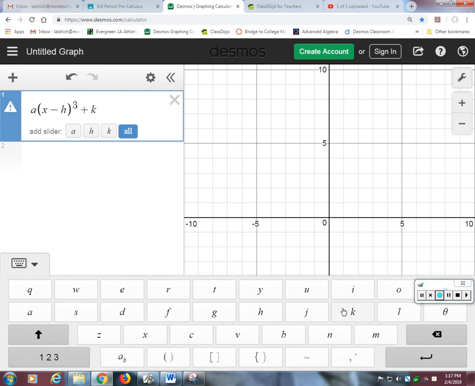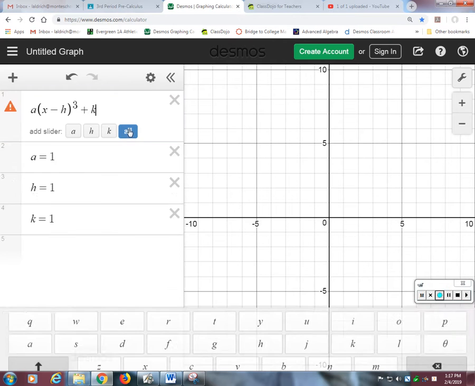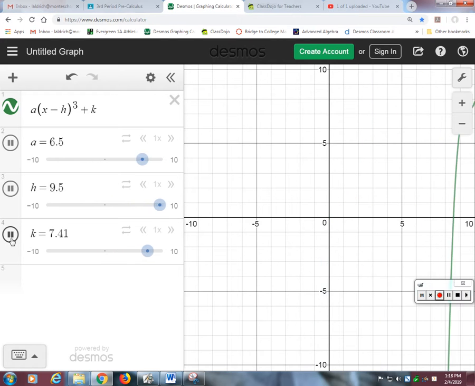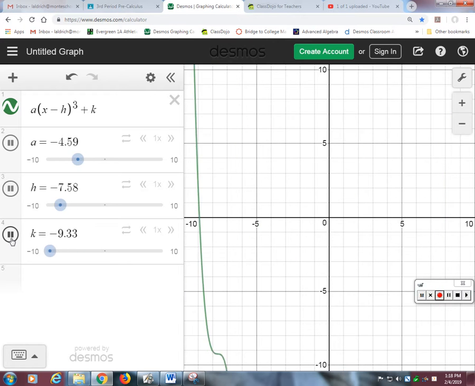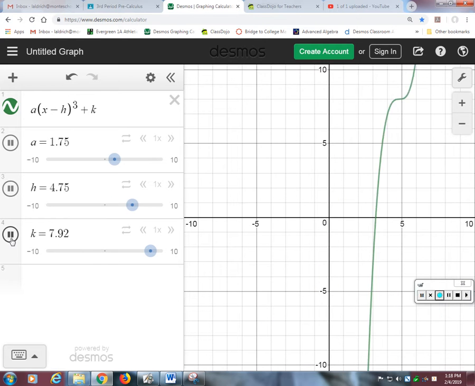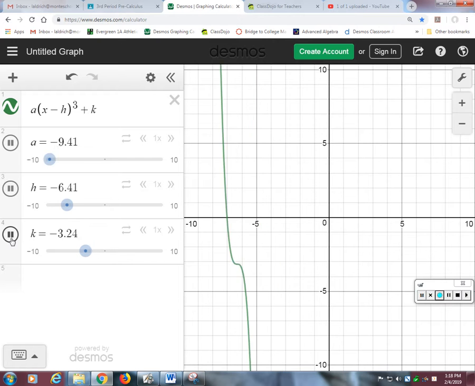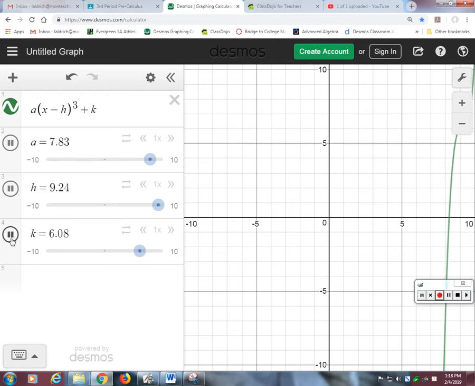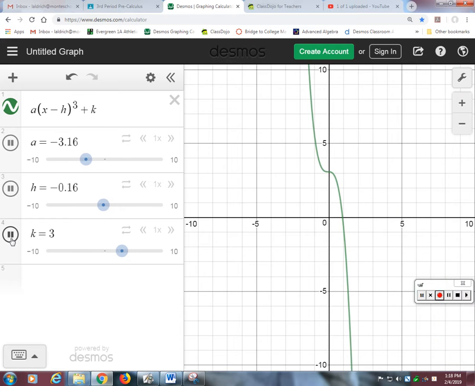If I start with x cubed, because x cubed only crosses the x-axis once, it doesn't matter what other numbers I use for a and h and k, that graph will always only cross the x-axis once as well. So if the original function only has one real zero, if you use transformations from there, you're never going to get more than one zero out of that.